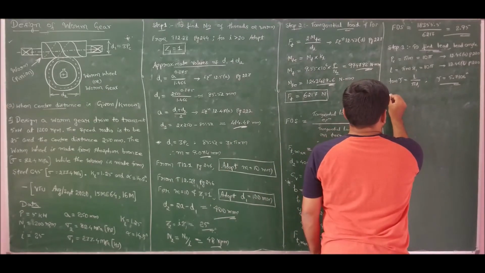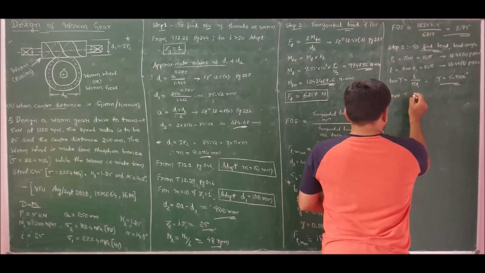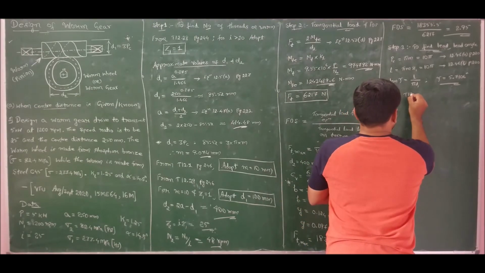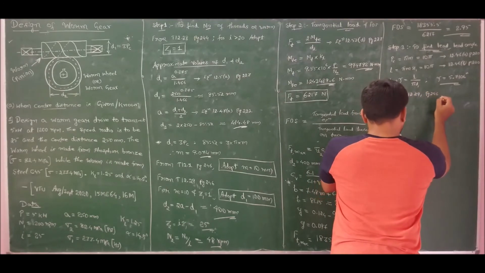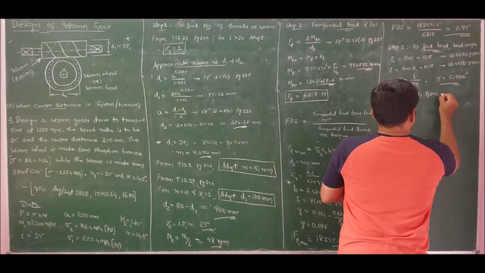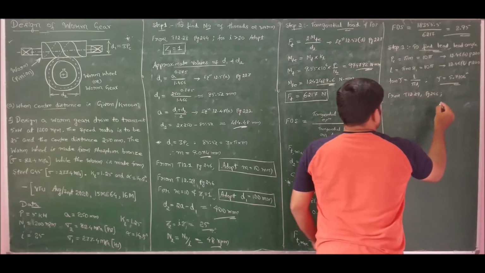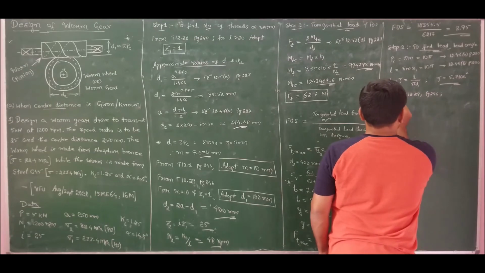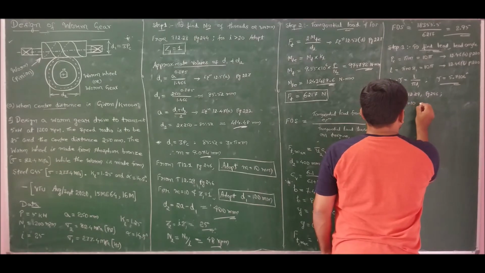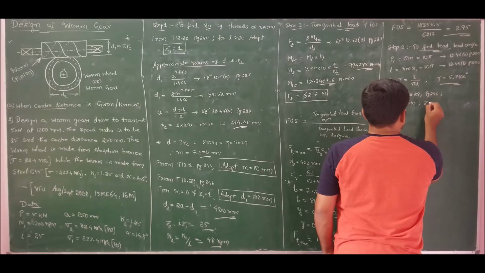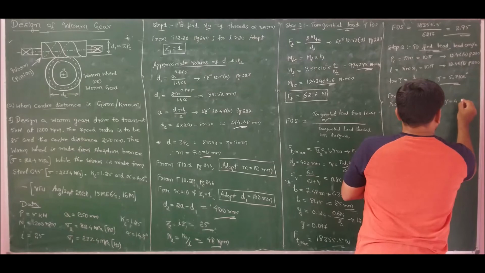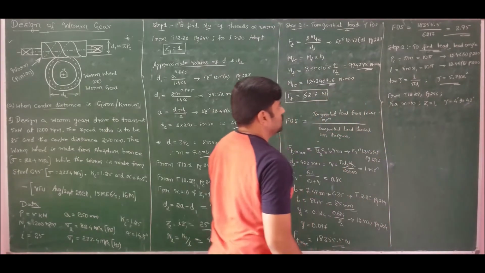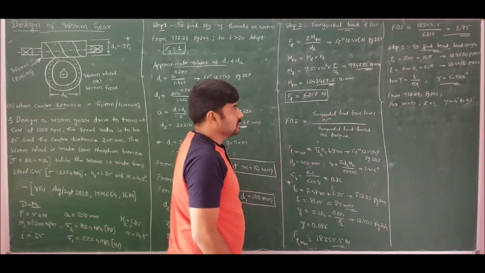You can verify from table 12.29, referring to page 246. We have for module equal to 10 and z1 equal to 1, gamma will be in the range of 4 to 43, which is in the range. So therefore the calculation is correct.